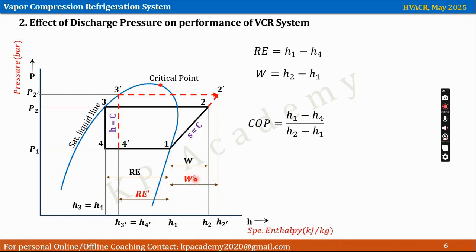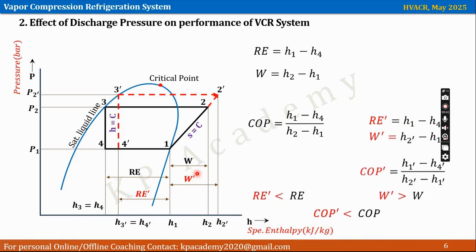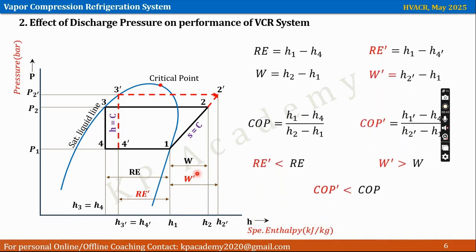What about work of compression? Work of compression increases. So because of higher discharge pressure, refrigerating effect drops, work of compression also increases, and that is the reason there is less COP, okay. So COP decreases when we have higher discharge pressure.